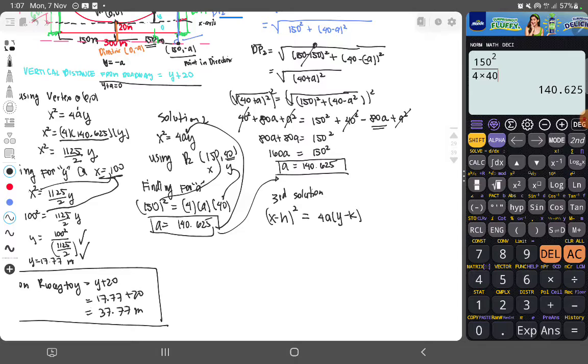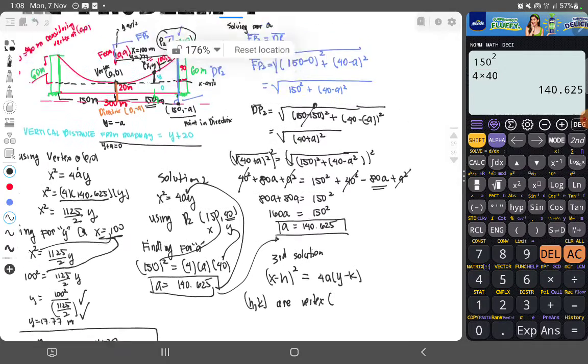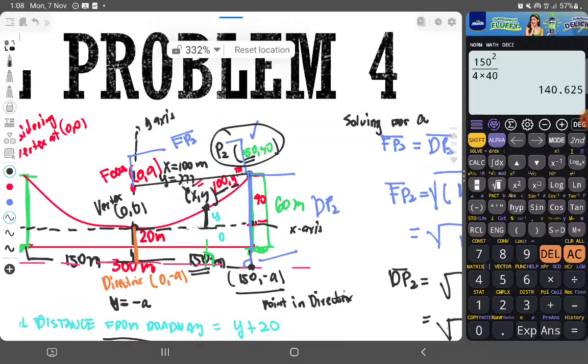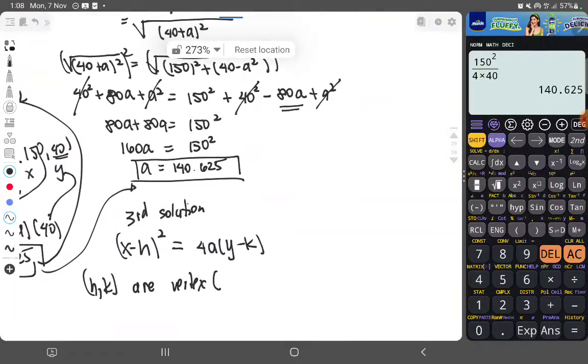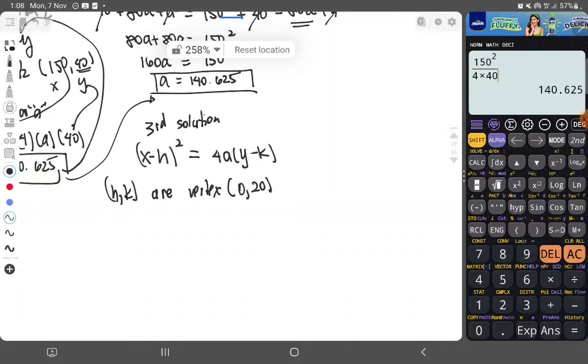Okay, so from here our h and k are the vertex, wherein from here we may use our vertex 0, 20. So we have 0, 20. So from here you will have x minus 0 square, which is equal to 4a multiplied by y minus 20.